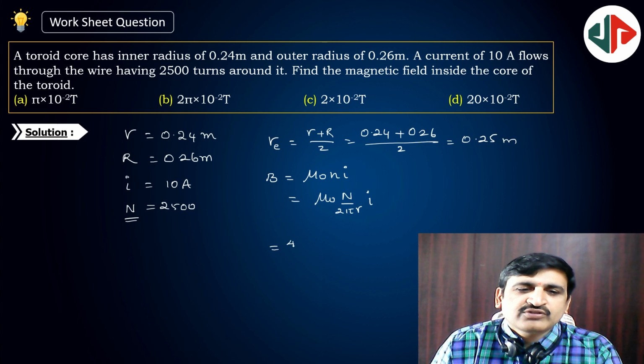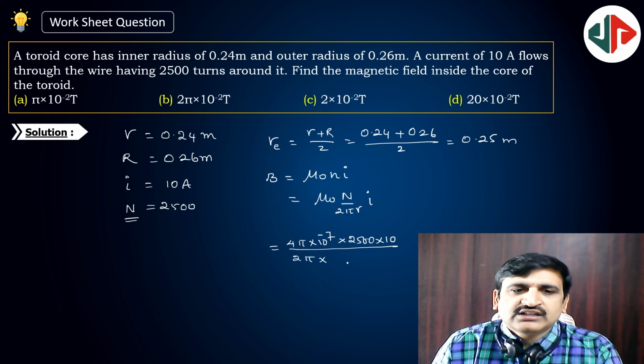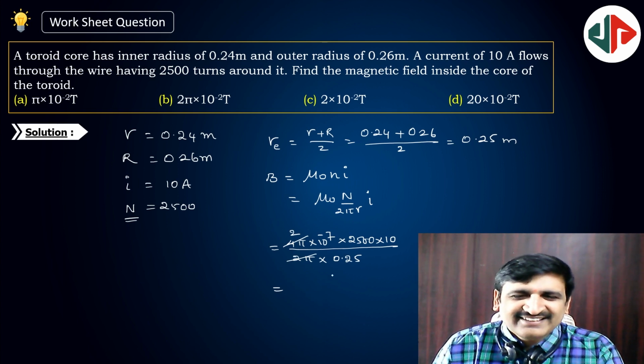Mu naught is 4 pi into 10 to the power of minus 7. Answer is in pi only, you need not change. So 2500 into current 10 amperes by 2 pi into the R value 0.25. The 2 pi will go 2 times. Let us simplify.